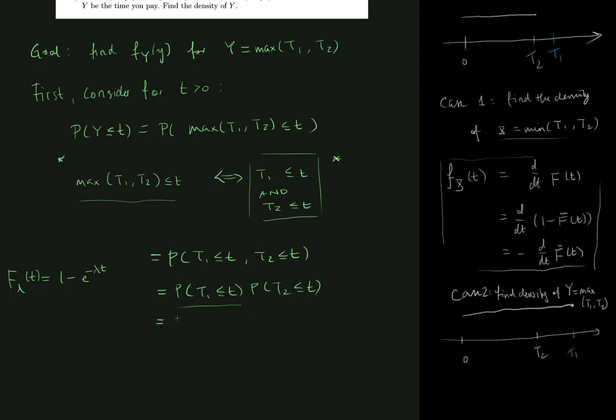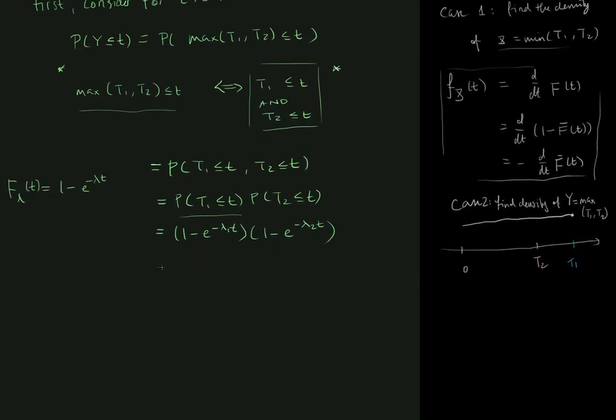So the distribution function here is given as 1 minus e to the minus lambda 1 t, multiplied by 1 minus e to the minus lambda 2 t. And when we multiply all of that together, what we get is 1 minus e to the minus lambda 1 t, minus e to the minus lambda 2 t, plus e to the minus (lambda 1 plus lambda 2) t.